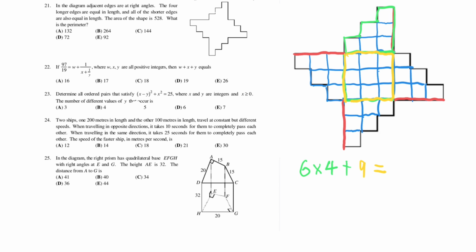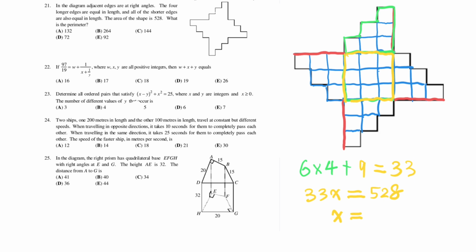So in total, we have 6 times 4, 24, plus 9, that's 33 smaller squares. If the area of one small square is x, the total is the given 528. So what's x? The area of one small square.